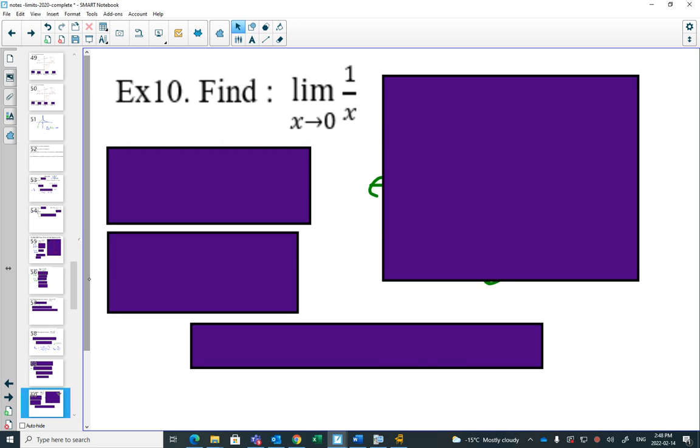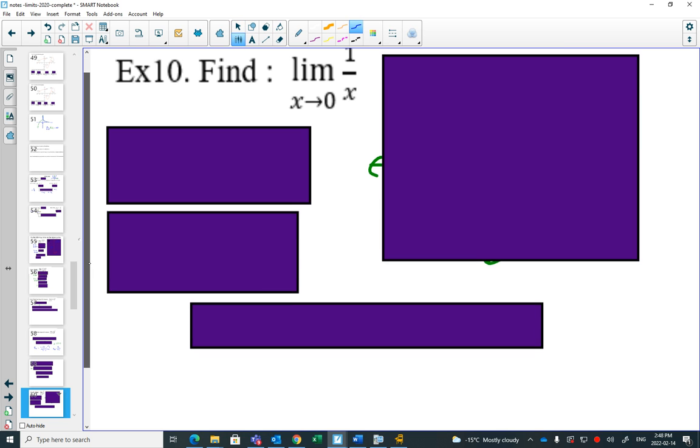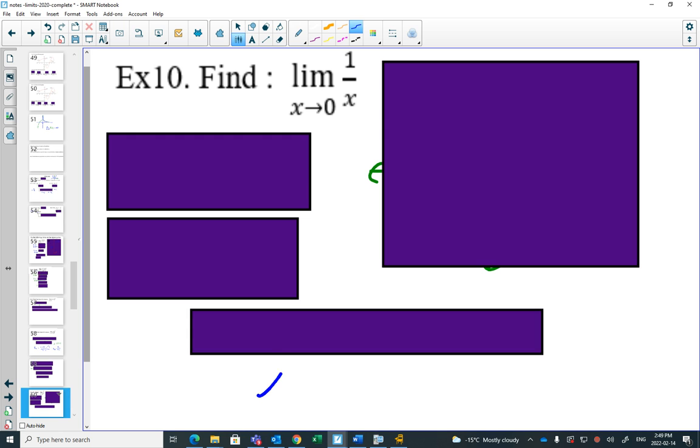What happens when you get close to dividing by 0? So I want you to think about this one. And I want you to also think about this one. Are they the same?